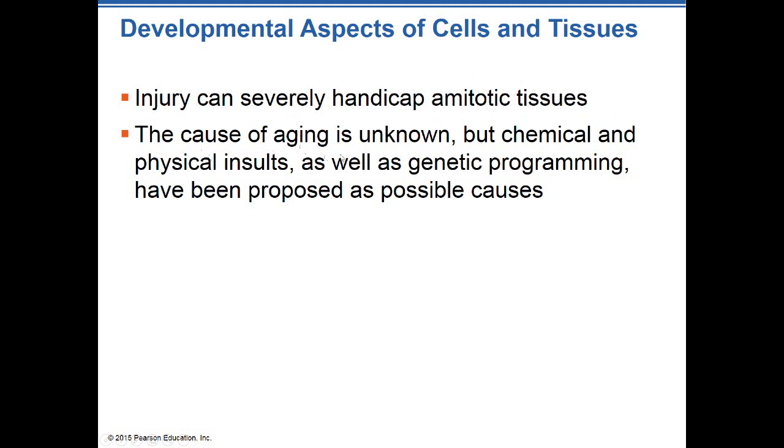Overall cause of aging. Aging is studied a lot, but nobody really knows exactly what causes aging in an organism over time. But it's a pretty strong theory that there's a lot of chemical and physical insults or damage that comes from the environment that's just natural. It occurs over time. And also there's some genetic programming. There's some changes to the genes.